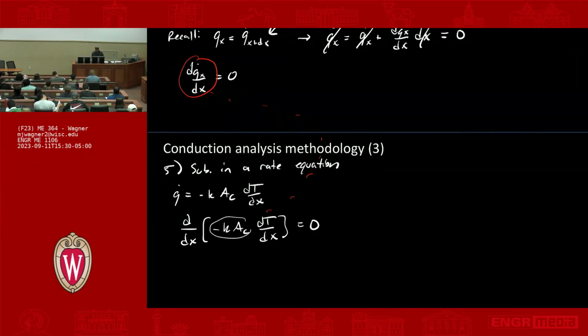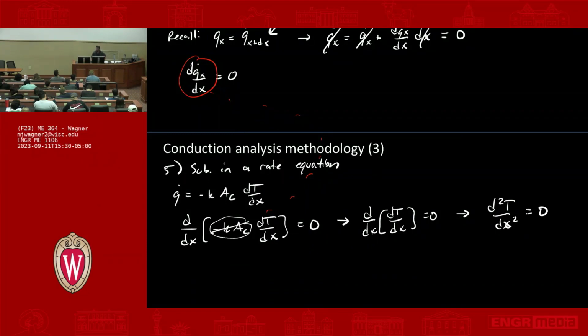So this stuff here can all cancel out. And we're left with the equation d dx of dT dx is equal to 0, or d squared T dx squared equals 0.